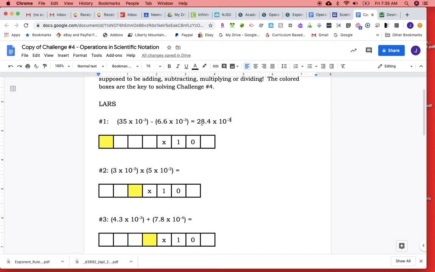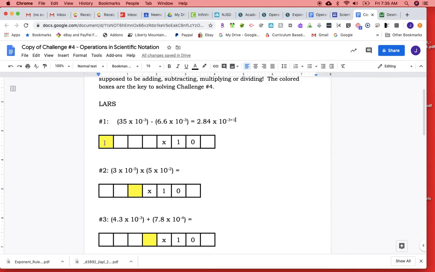So when we do that, it's going to be 2.84. Since we moved 1 to the left, looking at LARS, we need to add 1 to our exponent. So negative 3 plus 1 is negative 2.